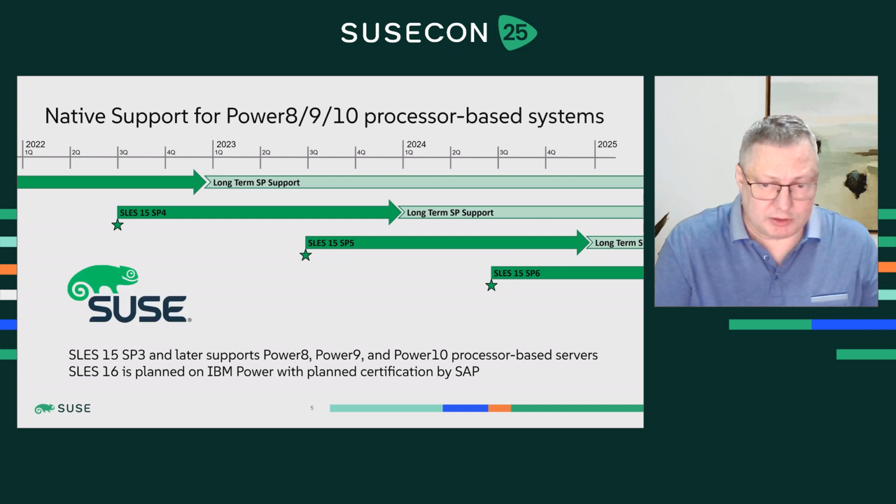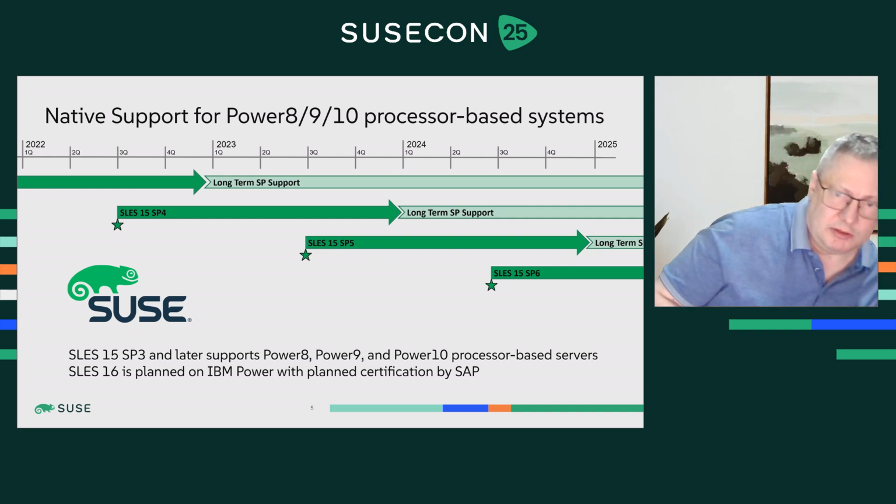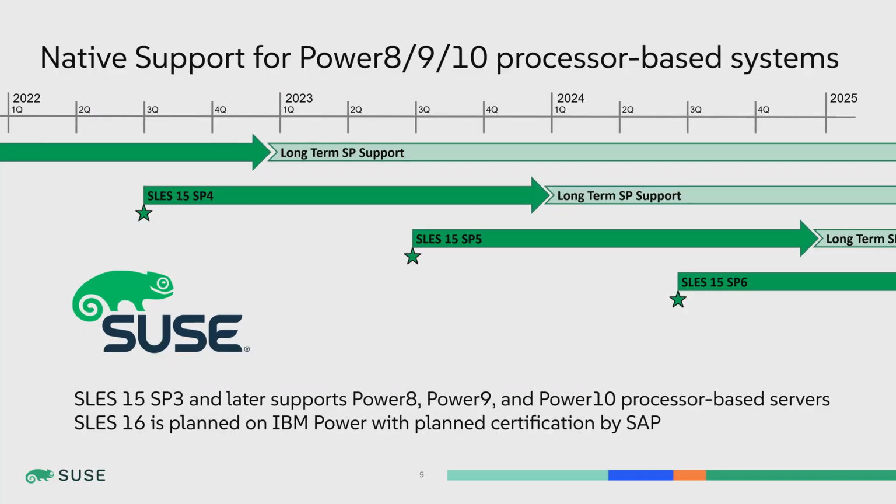Now, I also want to make the point that SLES 15, which is the current version, supports the last 3 generations of Power systems, Power 8, Power 9, and Power 10, ever since SLES 15 SP3.